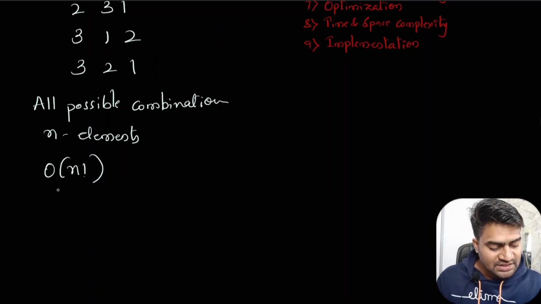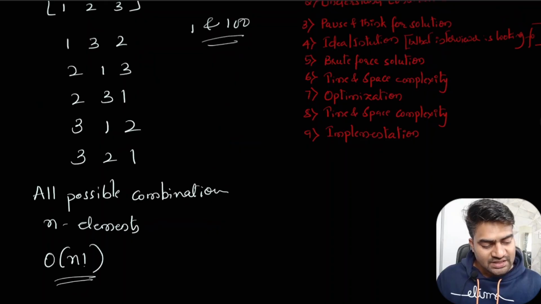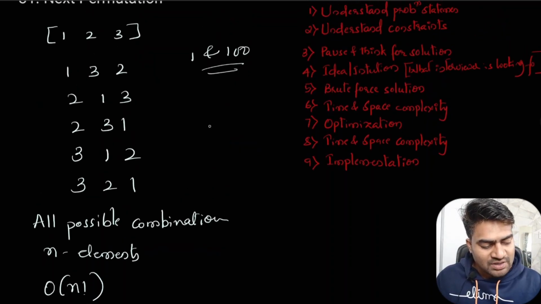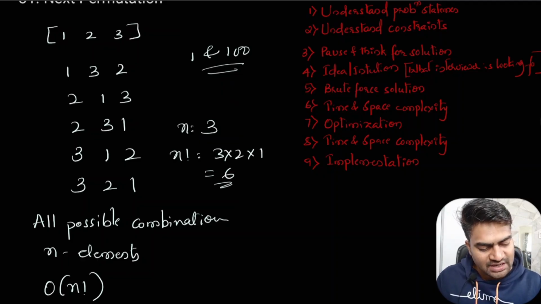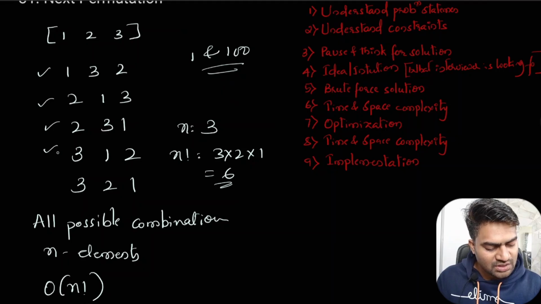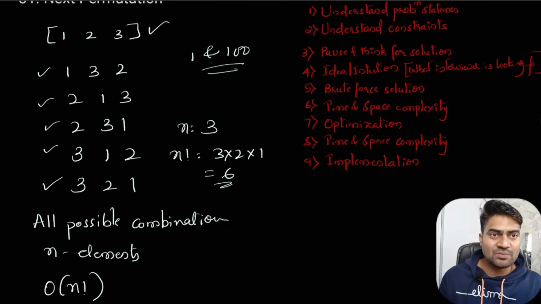Here we have three numbers, so n will be 3 and n factorial will be 3 into 2 into 1, which is 6. So we have generated all the combinations, including the original one, which is 6. So we basically solve this in order of n factorial, which is costly.